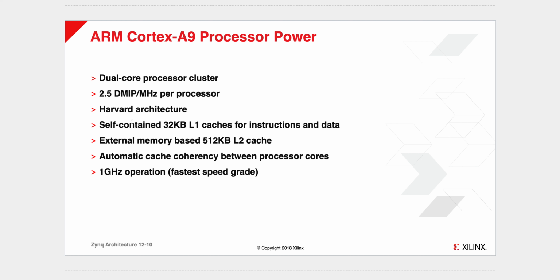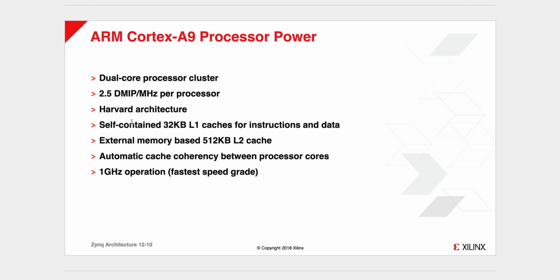The 2.5 DMIP per megahertz per processor is a measure of processor performance. What does DMIP per megahertz per processor mean?